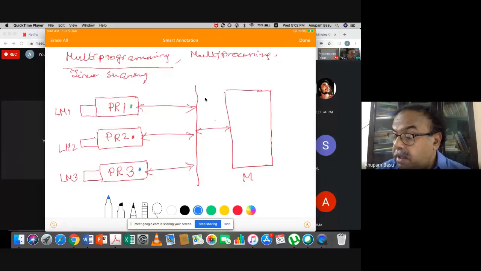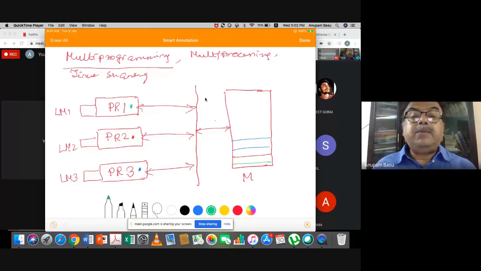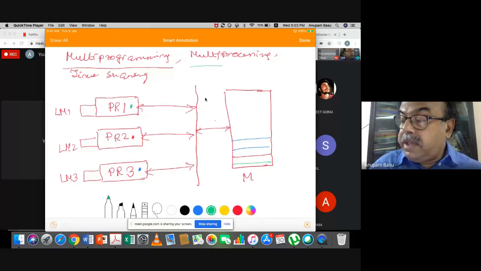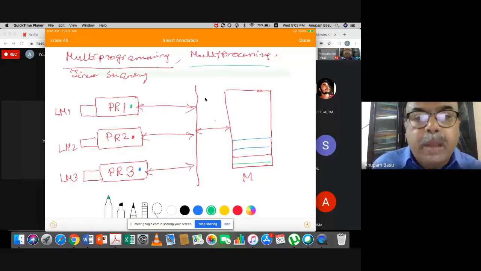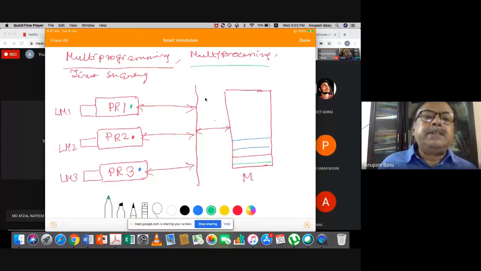So all of them can run at the same time. This is known as multiprocessing. In multiprocessing, obviously you have multiprogramming, but the converse is not true: not all multiprogramming scenarios are multiprocessing scenarios. Clear with you?